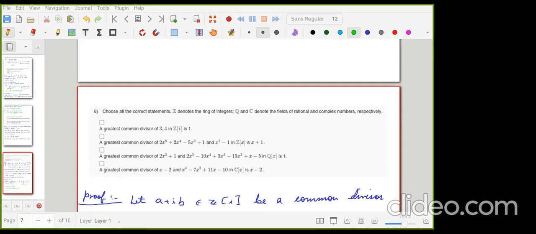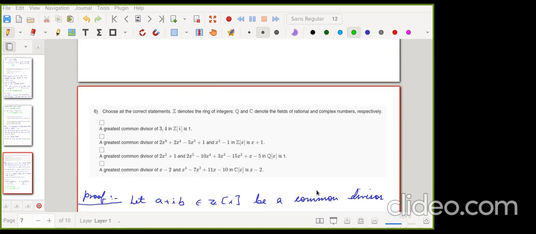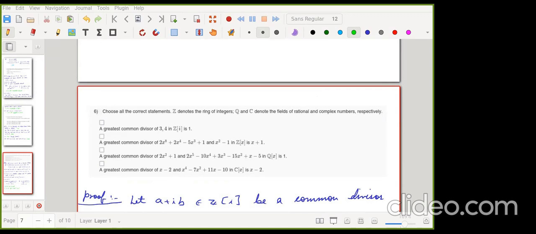We have 2 more classes, and in fields we have 2 sessions, in weeks 8 and 9. Week 7 is fields, and week 8 is finite fields.